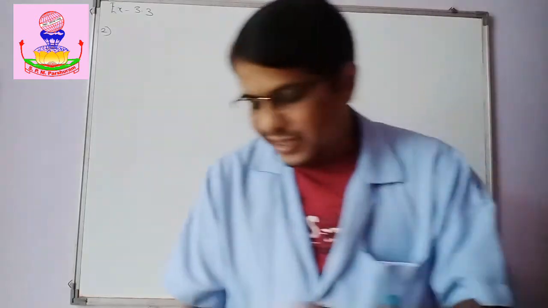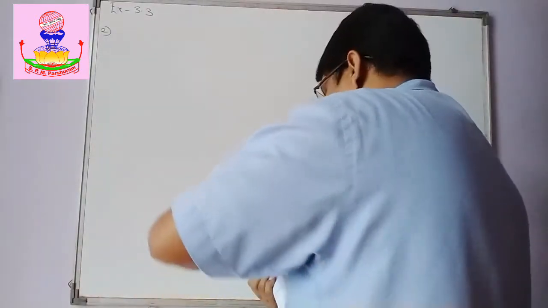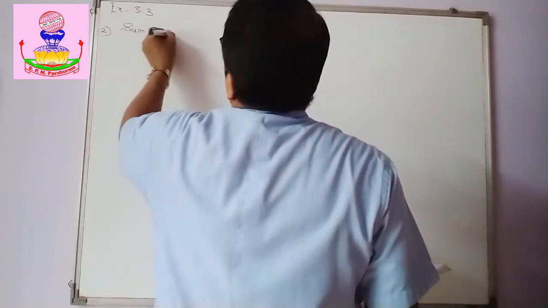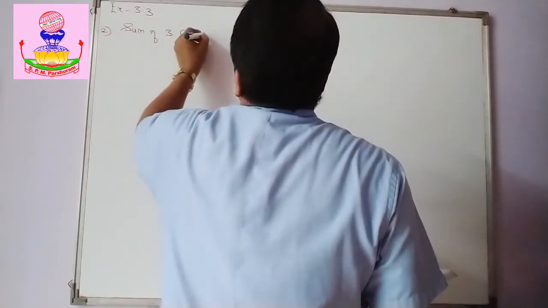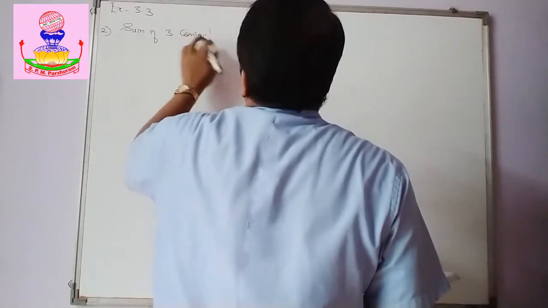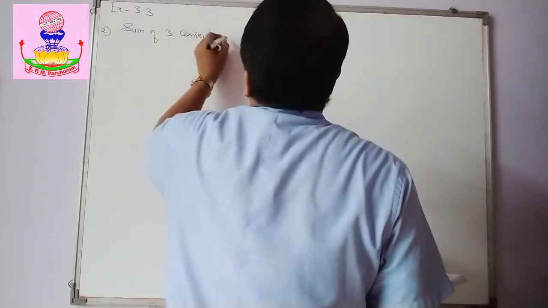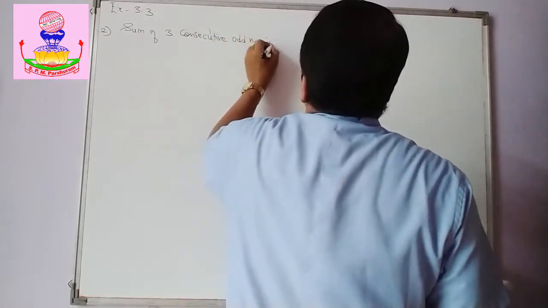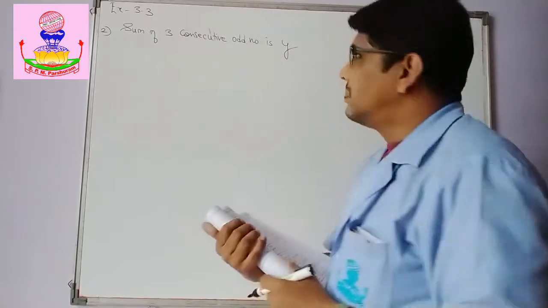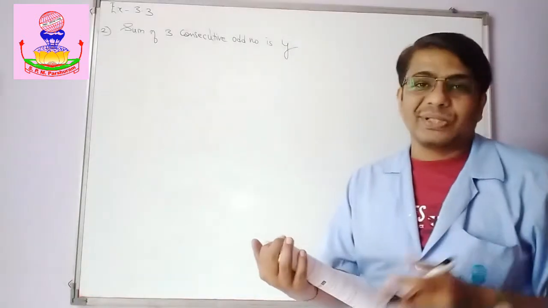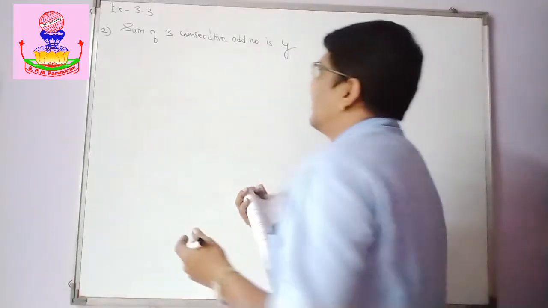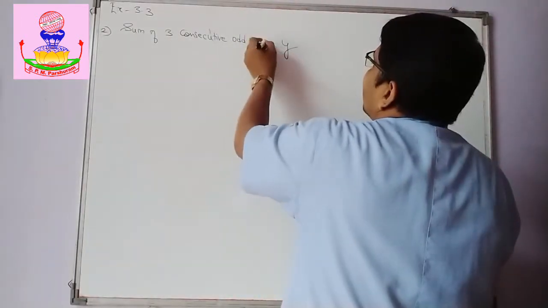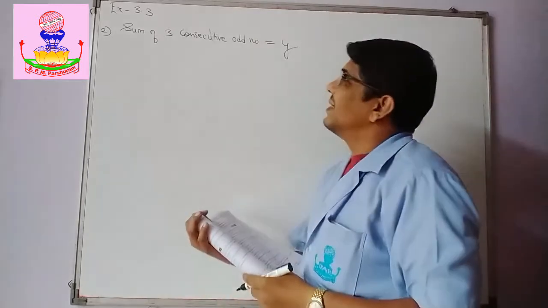Now what they say, sum of 3 consecutive odd numbers is y. So simple thing. Suppose if I divide both this, I will place here equal to.